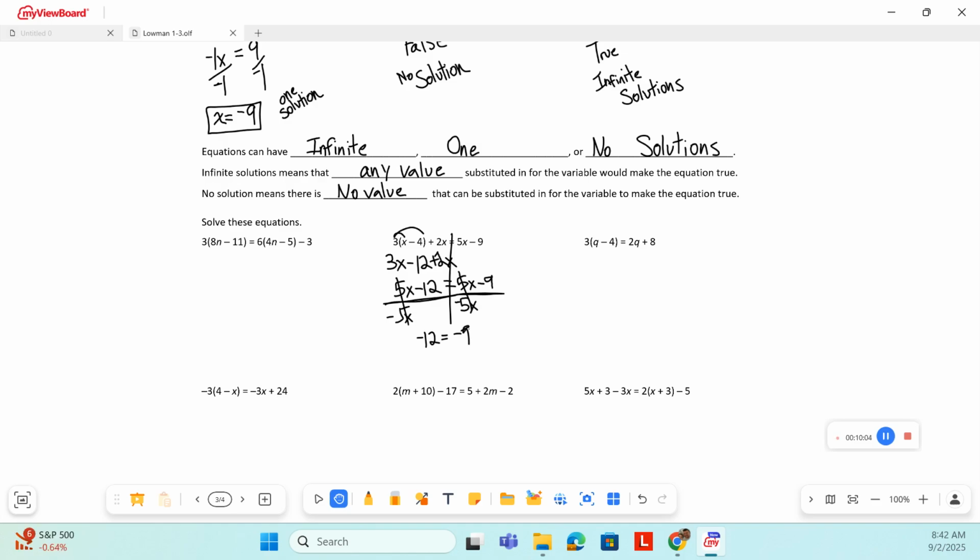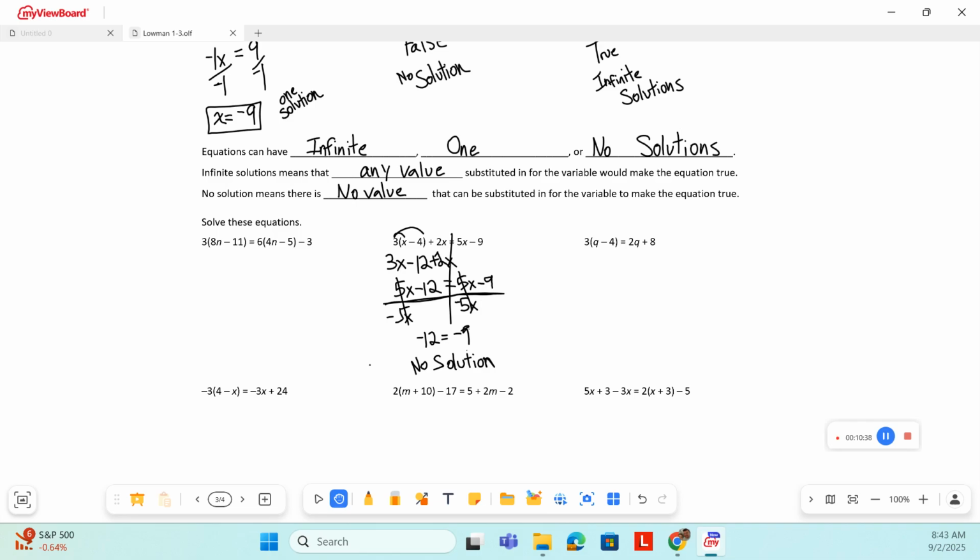And so showing those graphically, those would be my y-intercepts. And so this one would be no solution.